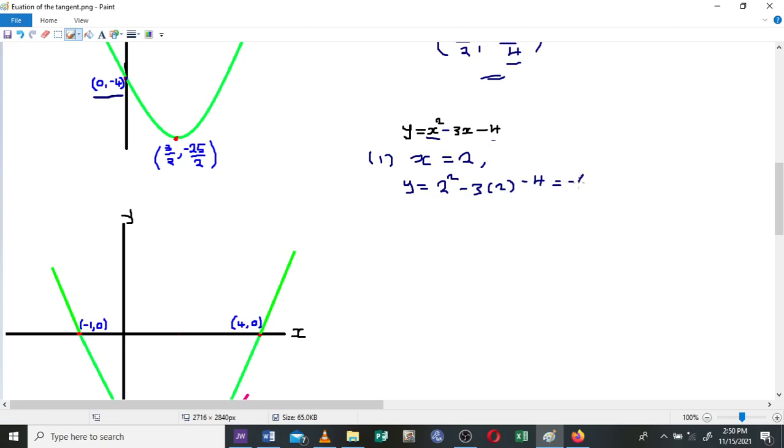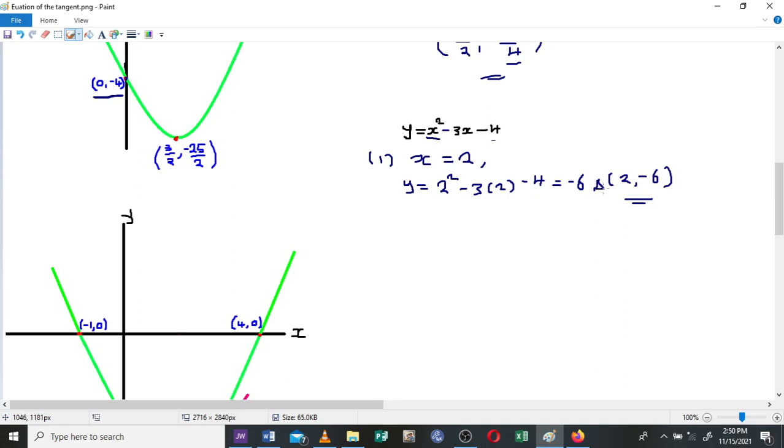So that means the point at which you want your tangent, at x is equal to 2, is 2 comma negative 6. This is the point where you have your tangent.